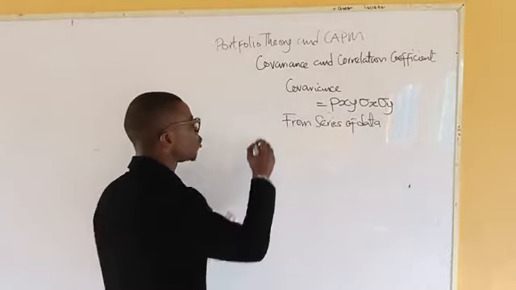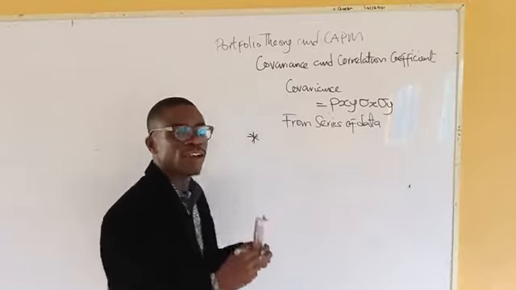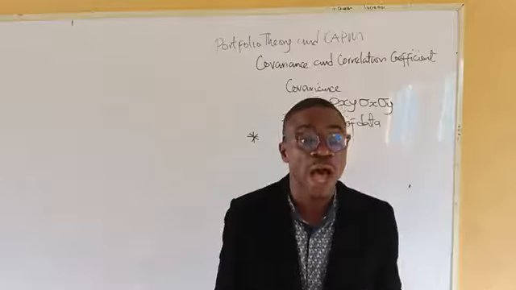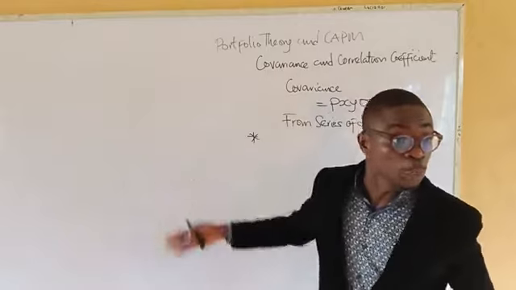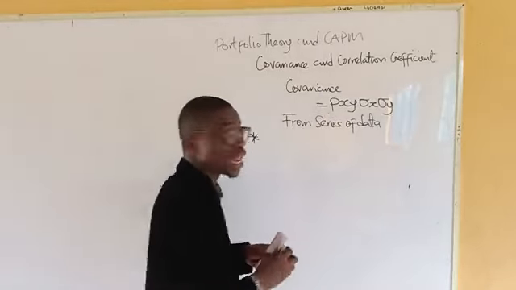If you are given a series of data without a probability distribution, that means they didn't give you the probability distribution, this is the formula that is appropriate.